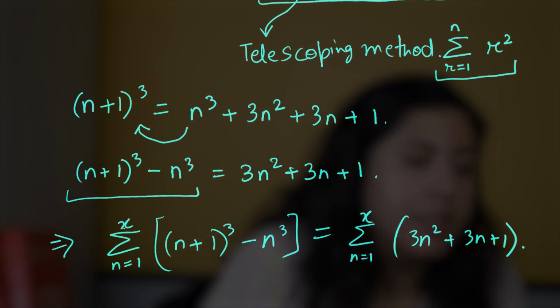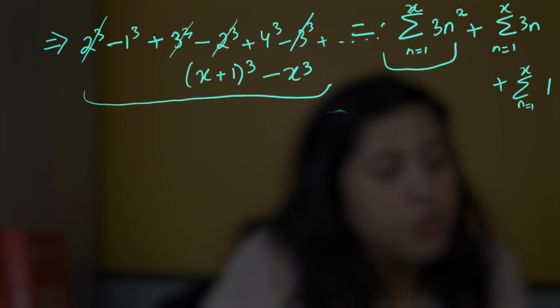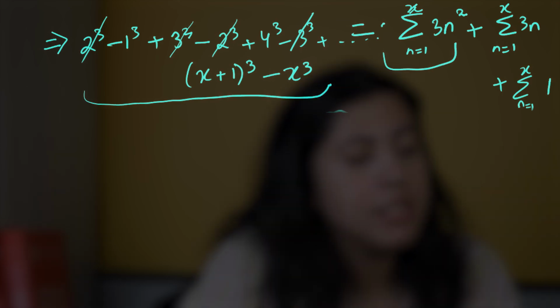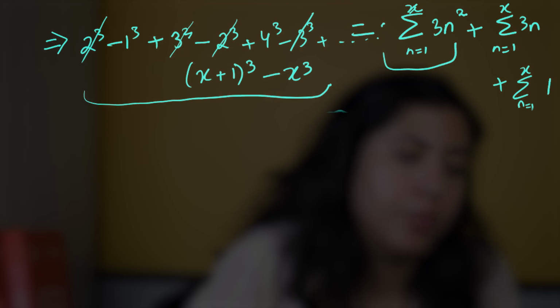If we expand this, it is nothing but 2 cube minus 1 cube plus 3 cube minus 2 cube plus 4 cube minus 3 cube till x plus 1 whole cube minus x cube.